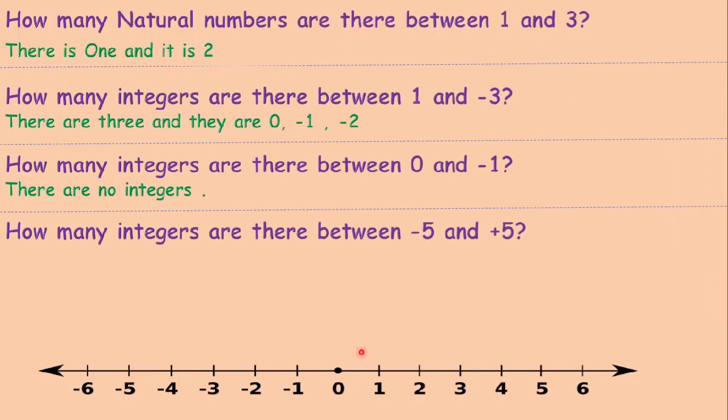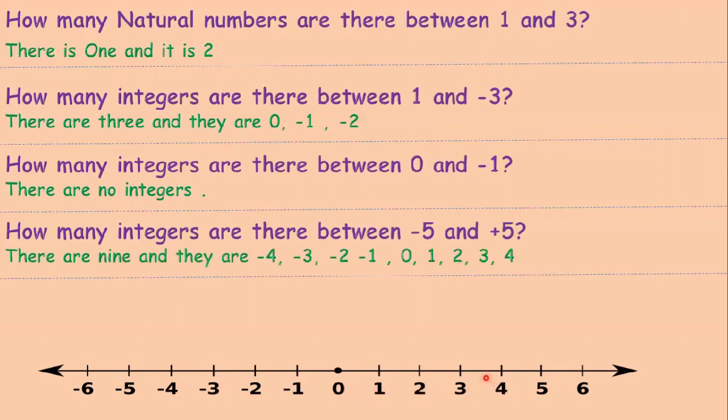How many integers are there between minus 5 and plus 5? There are 1, 2, 3, 4, 5, 6, 7, 8, 9. There are 9 and they are minus 4, minus 3, minus 2, minus 1, 0, 1, 2, 3, 4.